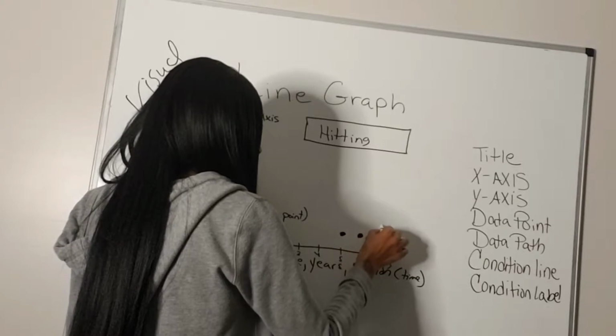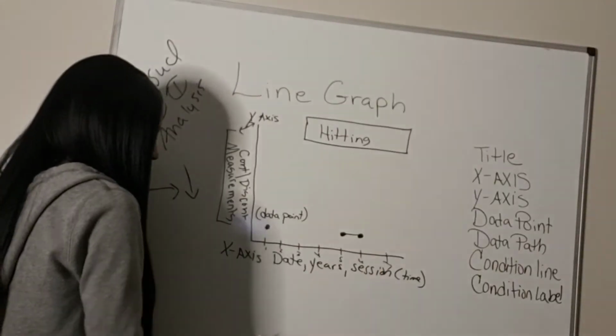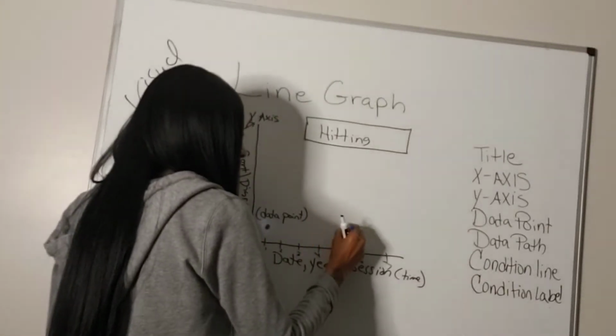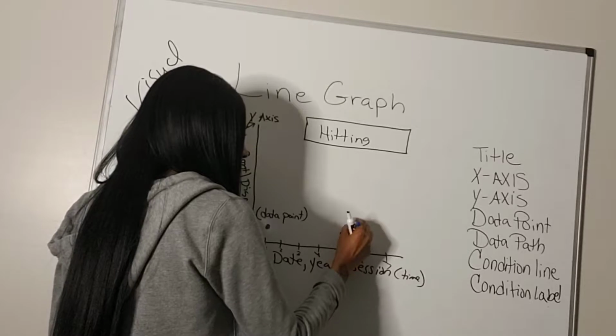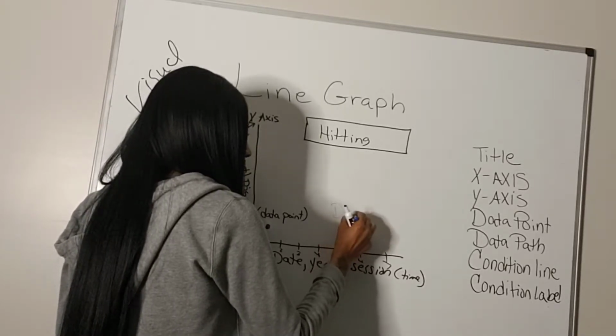When it's more than one, this area that's in between them is called a data path.